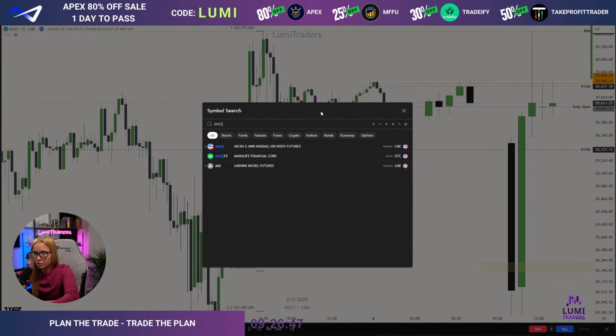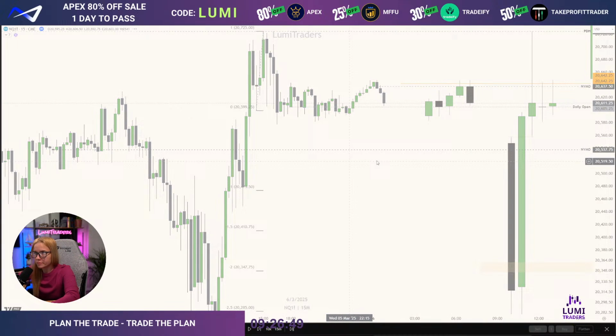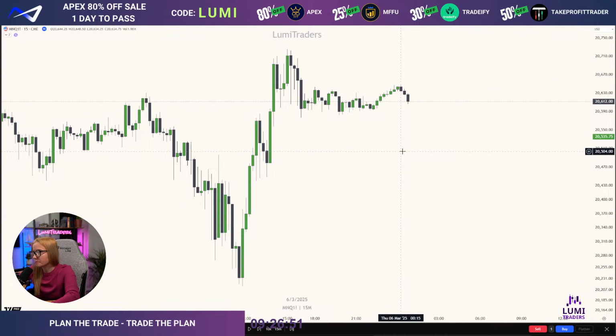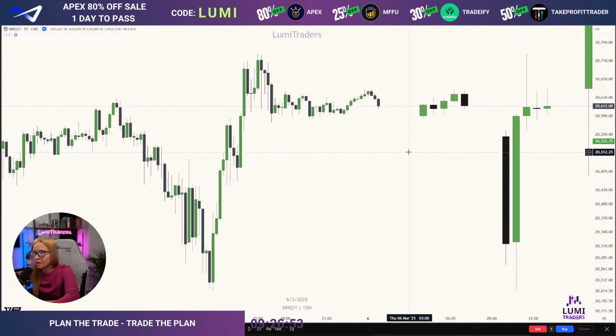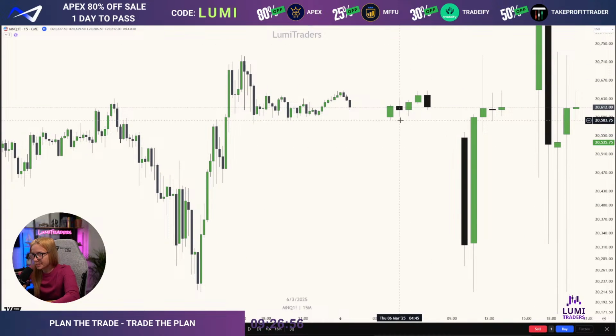I'm going to open NQ, I guess, so we don't have drawings there. Okay, from what I can see right here, that's hourly candles.